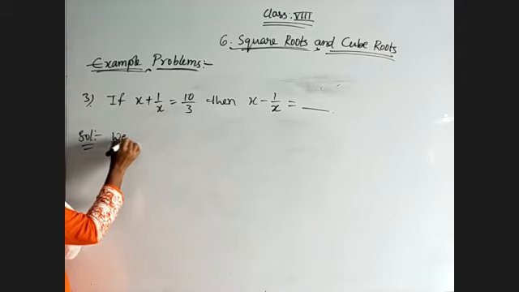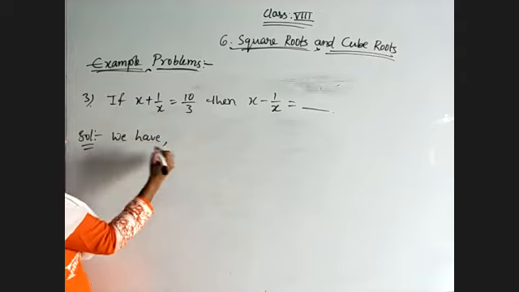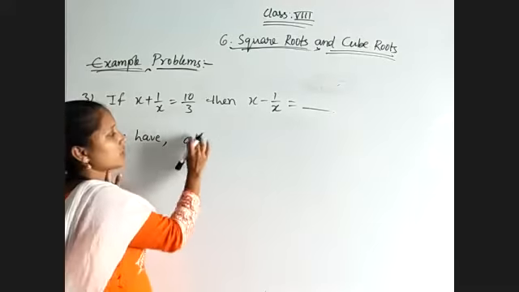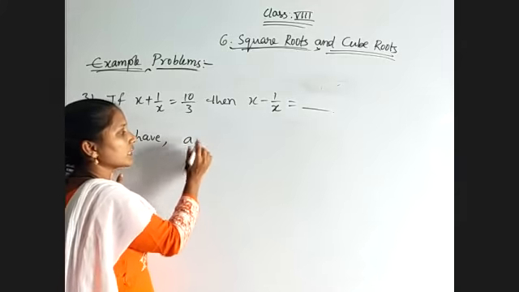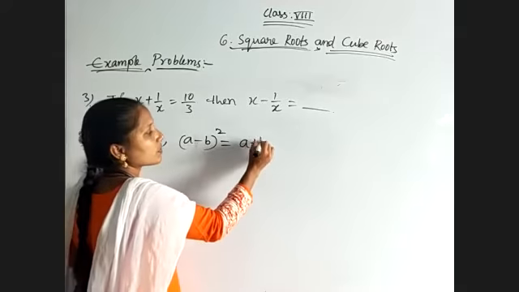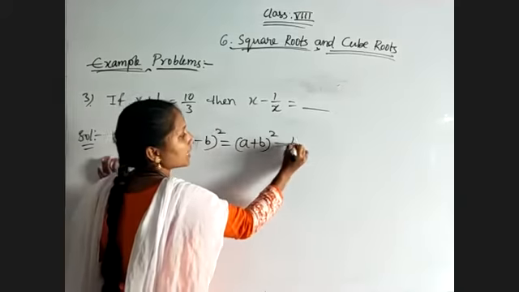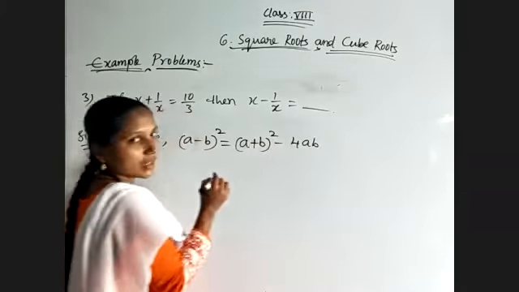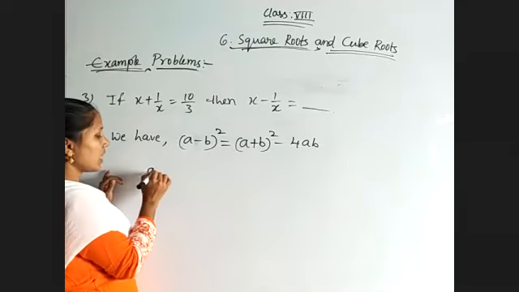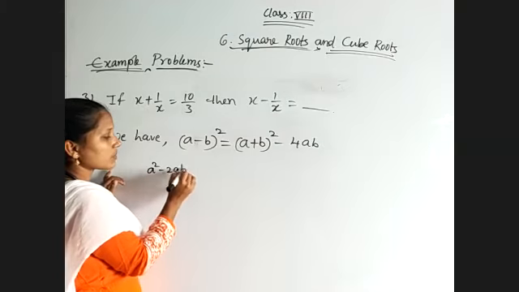We know that a plus b whole square. Actually, we need to find out a minus b. So what I am writing: a minus b whole square is equal to a plus b whole square minus 4ab. If you have any doubt, just elaborate this. We have a minus b whole square is equal to a square minus 2ab plus b square.